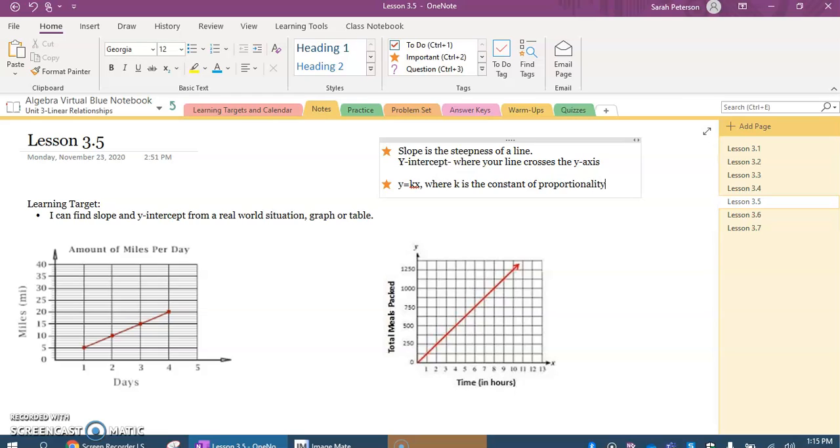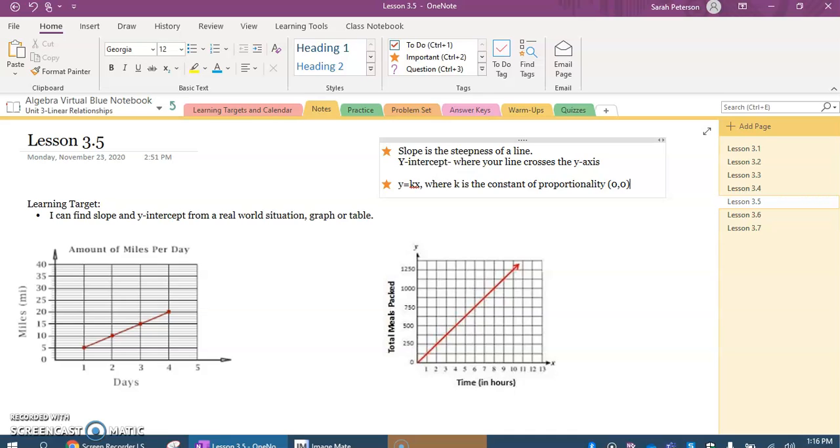In the last video, we talked about how slope is the same type of thing, but we use slope when graphs aren't proportional. Proportional is when they pass through the point (0, 0). So we can use y equals kx when the graph passes through (0, 0). However, sometimes our graph doesn't pass through (0, 0). Sometimes it has a starting point.